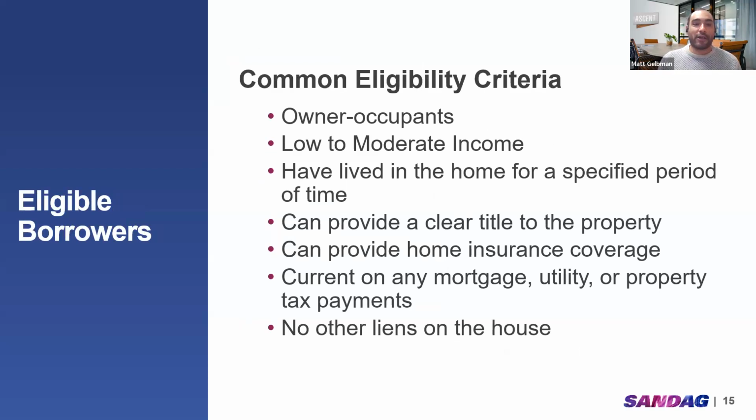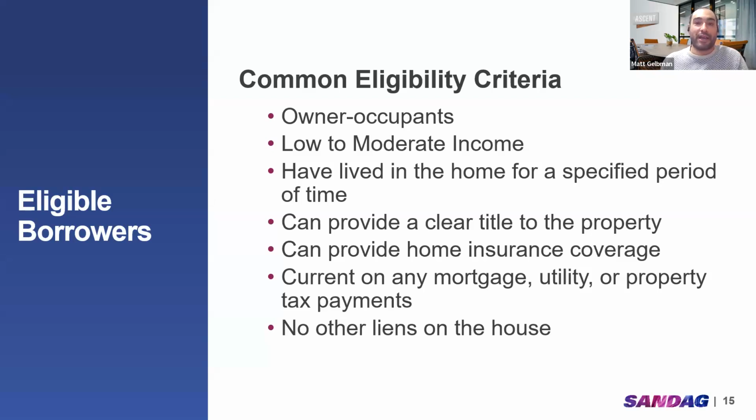So some of the common eligibility criteria for borrowers include owner occupancy, income level, needing to live in the house for a specified period. Providing a clear title to the property is also important and sometimes is a challenge for homeowners with unclear or complicated titles, such as from inheritance from a family member without legal transfer.